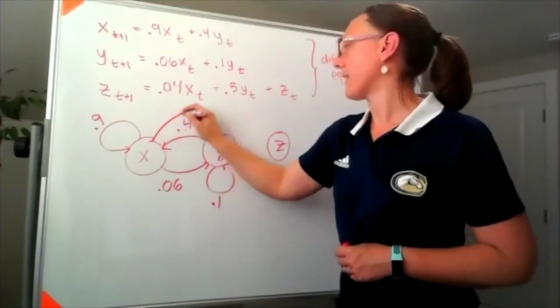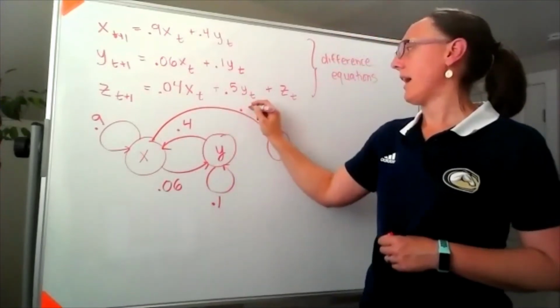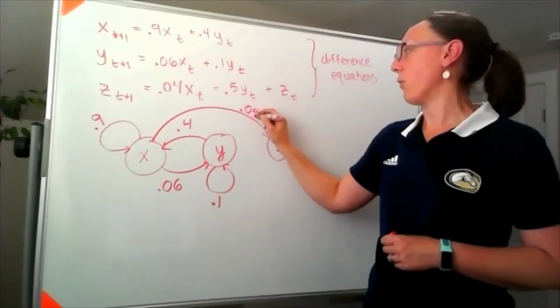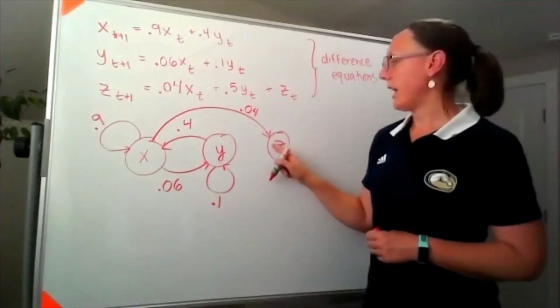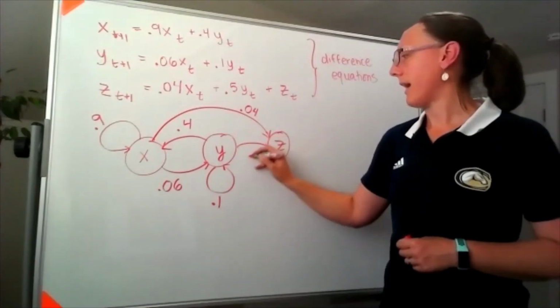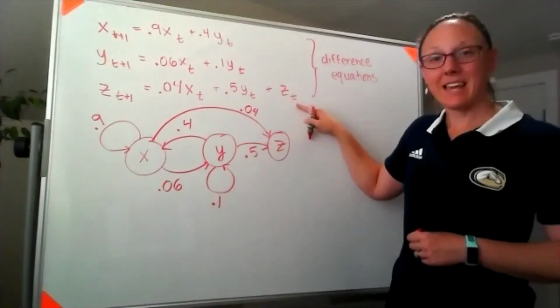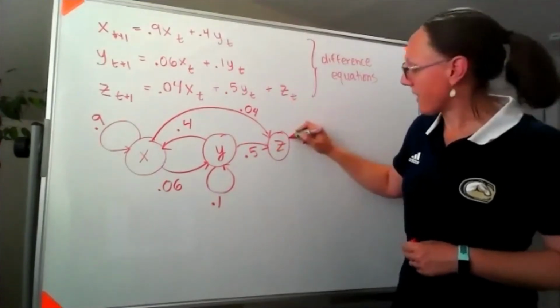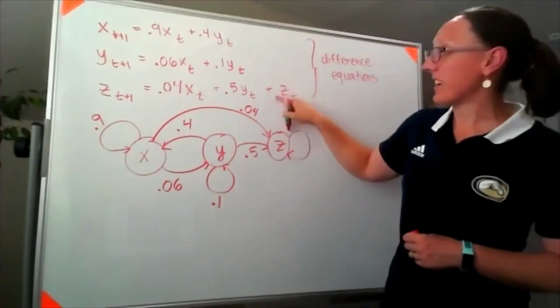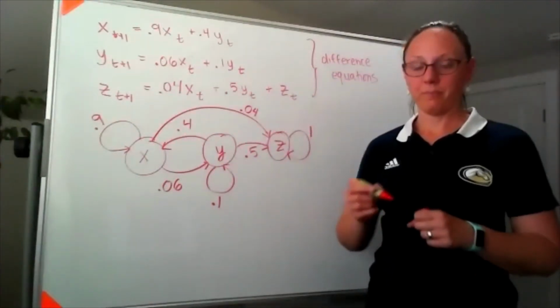So from x, I've got a path into z here at a 0.04 rate. And I'm also getting some z from y at a 0.5 rate. And z is cycling back on itself. And because there is no coefficient here, that means there's an invisible 1.